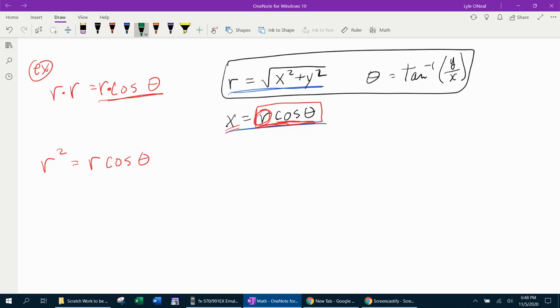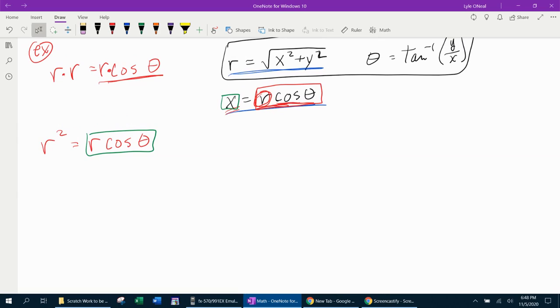So now what do I know? I know that r cosine theta is x. So I can replace that with x. But what is r squared? Okay, so let's come to this formula and let's square both sides.